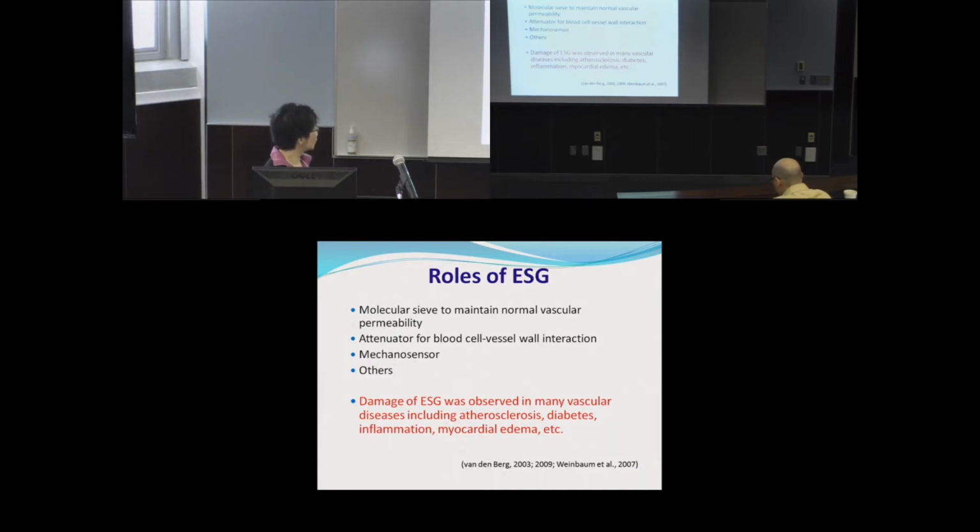For the pathologic state, people find this surface layer was damaged during many vascular diseases, including atherosclerosis, diabetes, and other cardiovascular diseases.